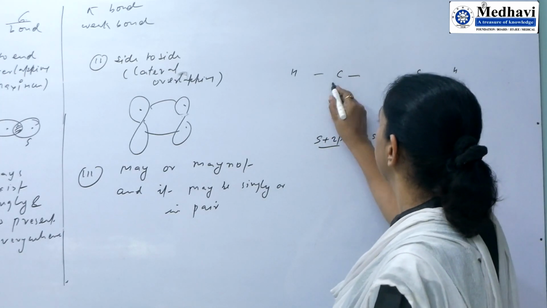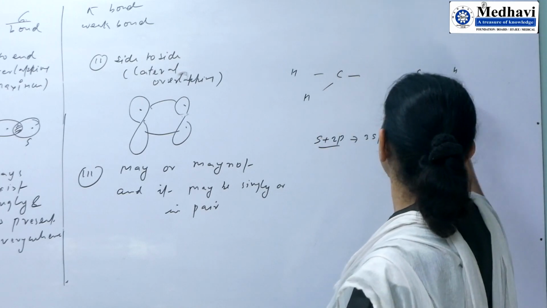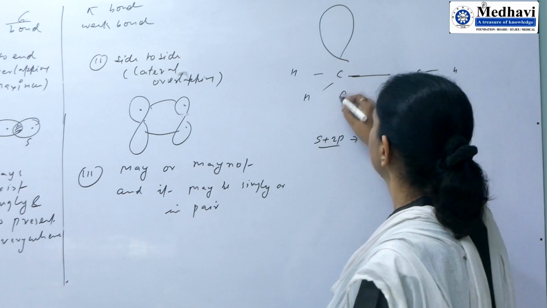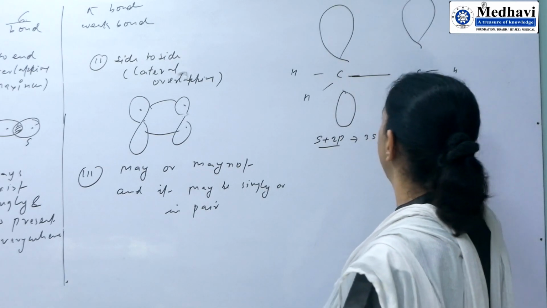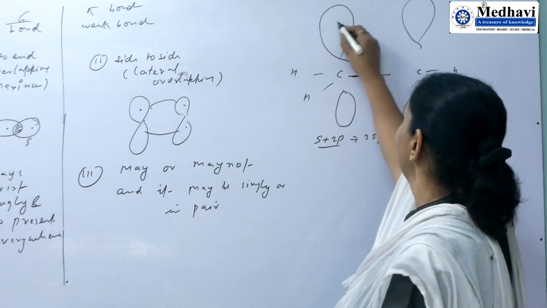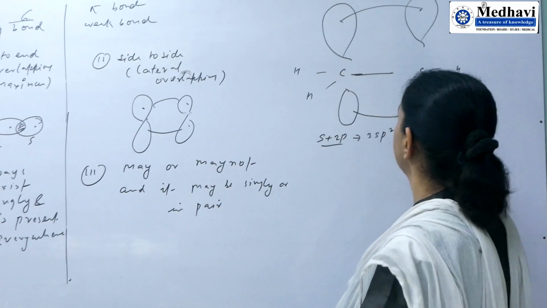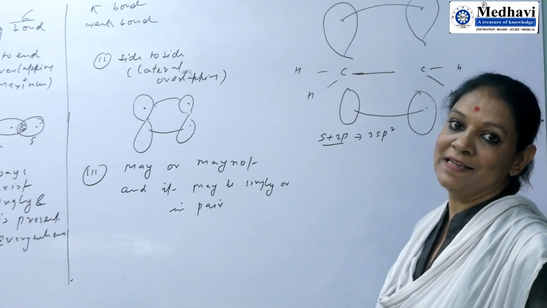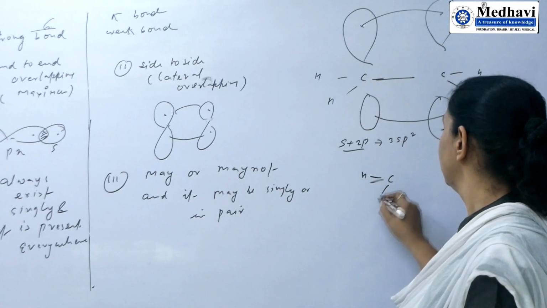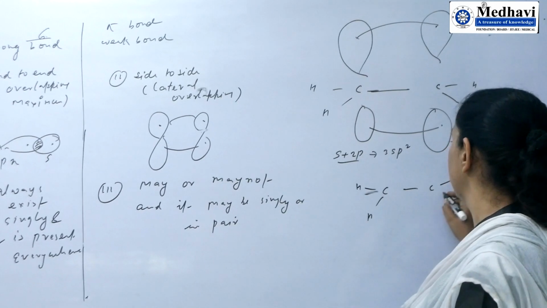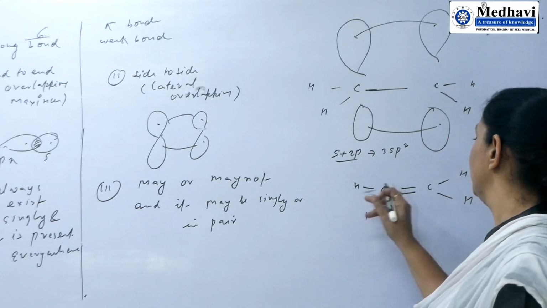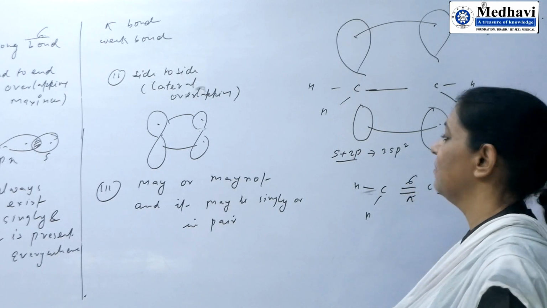I am writing this so that you will understand it easily. Here, the 1 p orbitals that are not used in hybridization will lie parallel to each other and they overlap laterally and they form a bond. See, this is the single bond due to hybridization, and this extra bond developed between them, that is why.